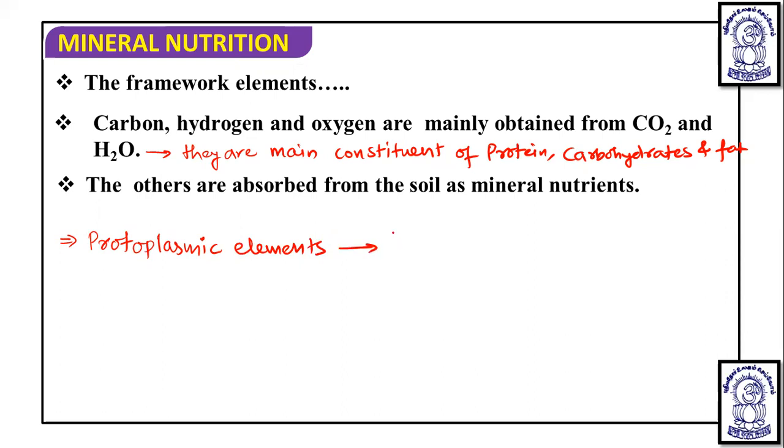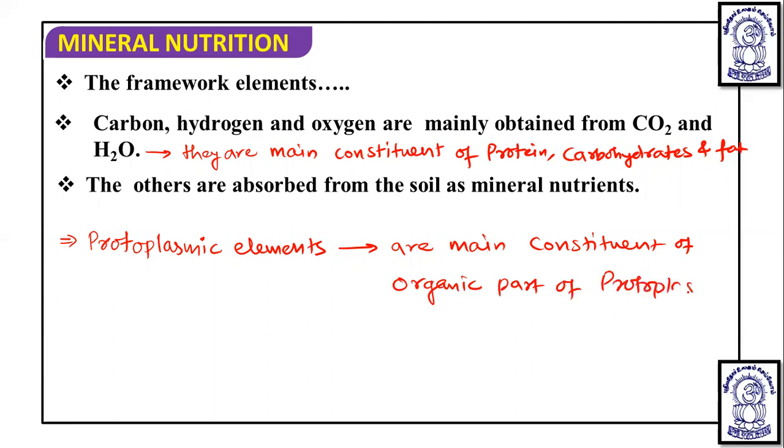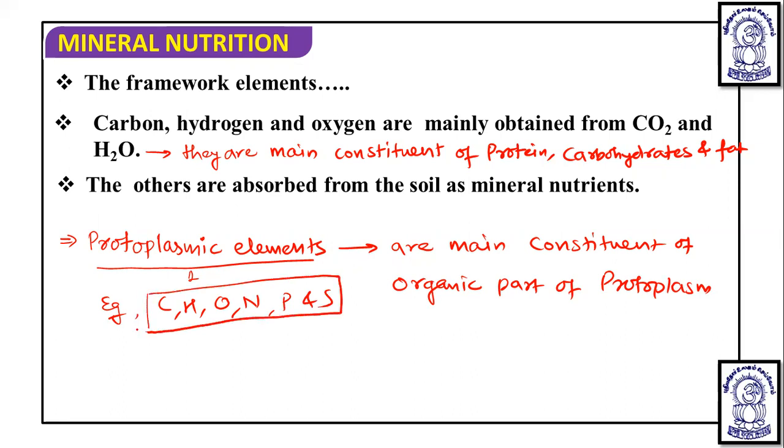These protoplasmic elements are the main constituents of the organic part of protoplasm. The examples of protoplasmic elements include carbon, hydrogen, oxygen, nitrogen, phosphorus, and sulfur.